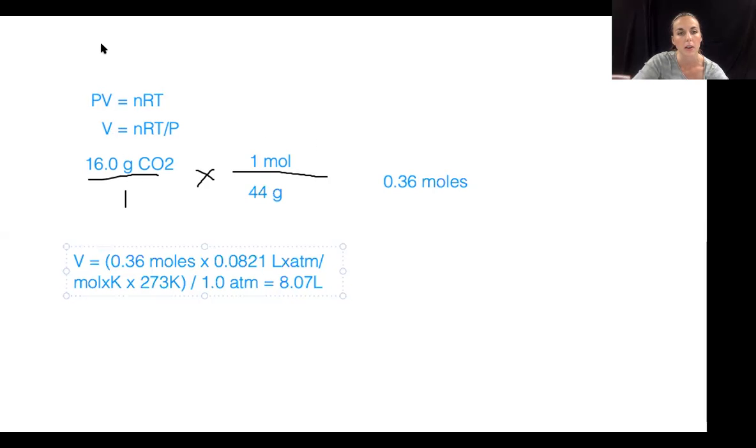So I'm going to go 190 milliliters to liters. You could do your conversion factor, 1 liter over 1,000 milliliters. So really you're just dividing this by 1,000, which tells me I'm going to move the decimal back 3 places. So that's going to equal 0.19 liters.